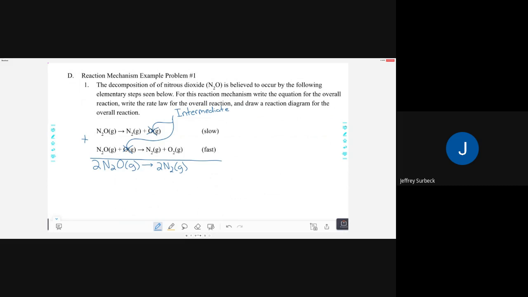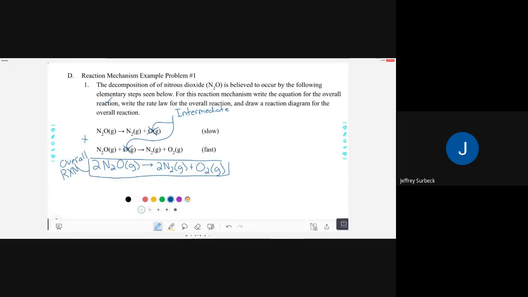And then we have one more substance that's just O2 of oxygen. There's only one of them, so we write down O2. Now, this is what we want to have happen. We also need to check, is this really a balanced chemical equation when we add these two steps together? Check, it is. And so this right here that I just boxed in blue is known as the overall reaction, and I'm going to abbreviate reaction as RXN. So this is our verification. Yes, this could be a set of steps.